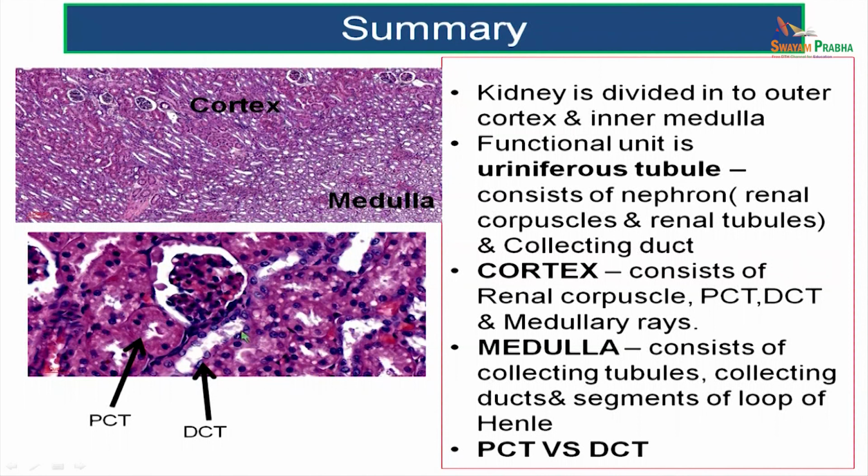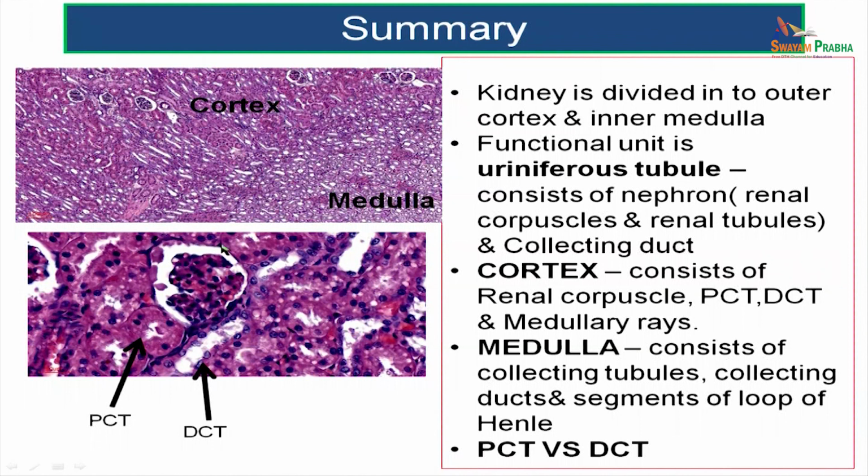Here there is no brush border and hence the lumen is very well defined. There are fewer nuclei in PCT because of large cells, and more nuclei in DCT because you have smaller cells.